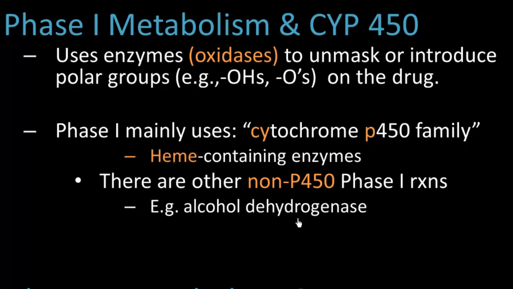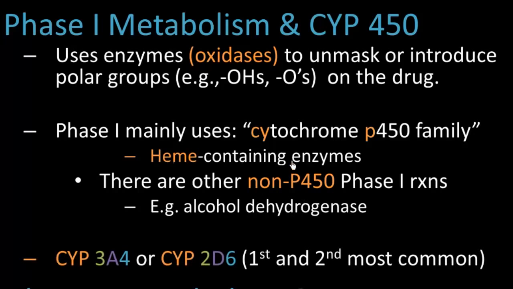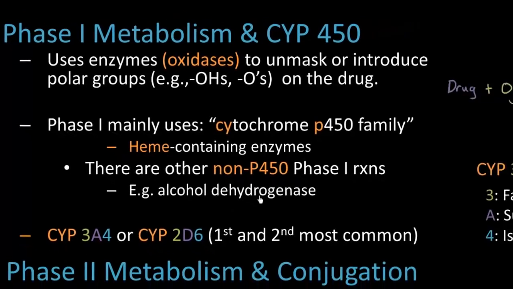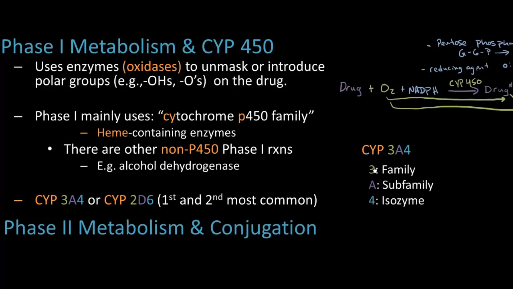We'll cover that later. Now, the cytochrome P450 family has a unique way of being named. And so we'll see these names 3A4 or 2D6. What do those mean? So these are probably two of the most common cytochrome P450 enzymes. And so the way this naming works is 3 represents the family of drugs.